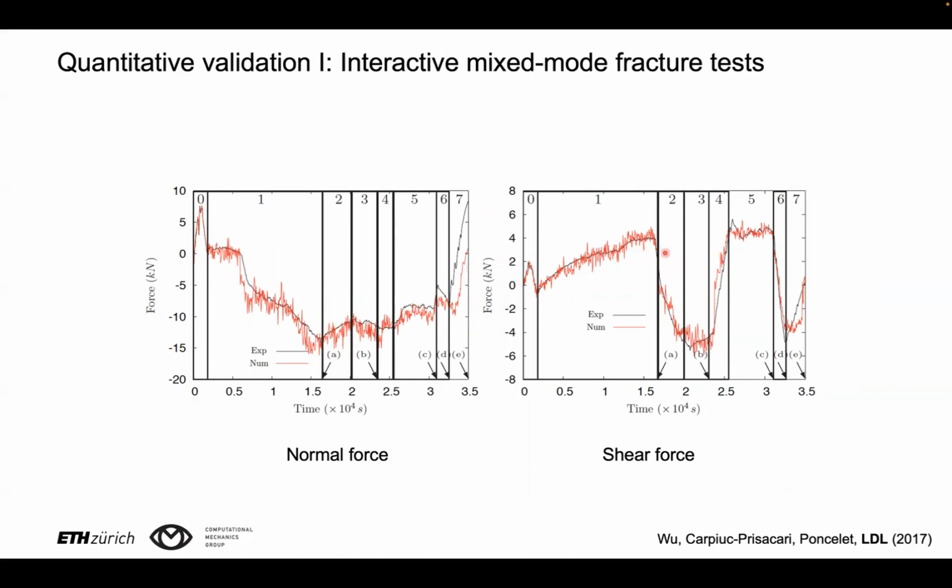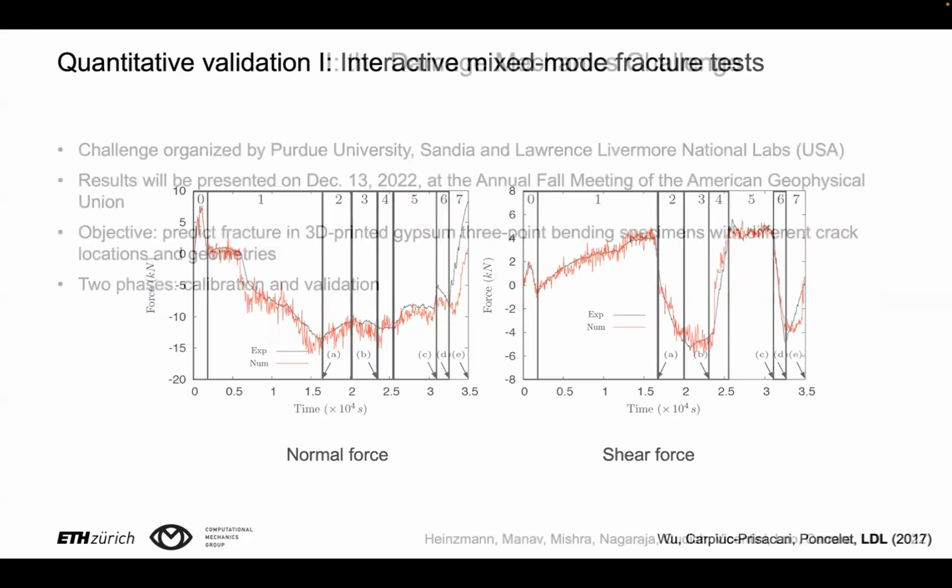There are several phases in the behavior of the specimen, and it's particularly impressive for me, and this is really the quantitative part of the validation, that the agreement between experimental and numerical force versus time relationships is quite good, considering that this is a blind prediction and considering the complexity of these mixed mode tests.